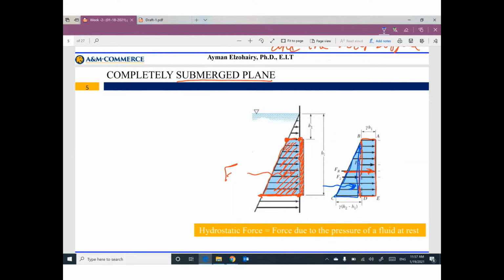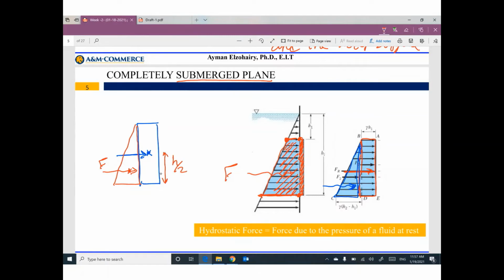Make sure for the rectangle, the location of this force is at the centroid of the rectangle. For the triangle, the location of this force will be at the centroid of this triangle. For the rectangle, at h divided by 2.